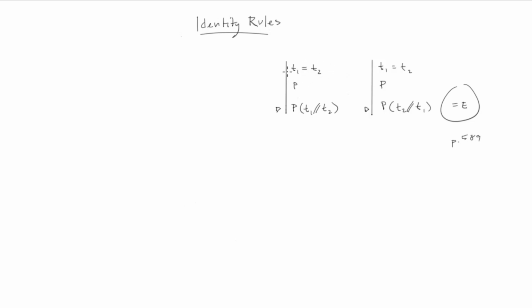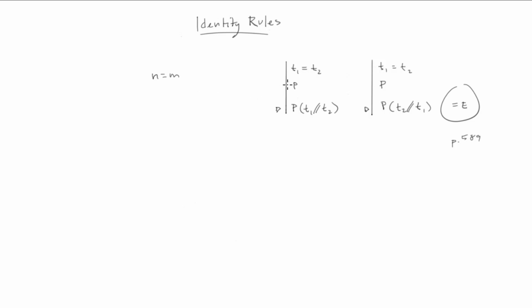It looks a little strange to have these T's here on either side of the identity, T1 and T2. Those stand for closed terms. It's a technical term used in the book because this chapter introduces function names, which we aren't working with. So you can just think of this as an identity with any two simple names on either side of it.